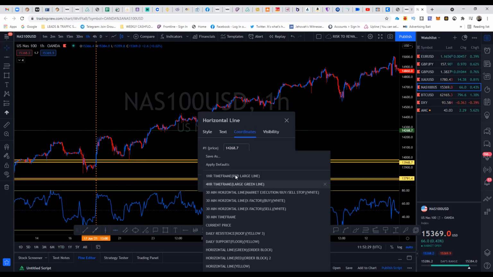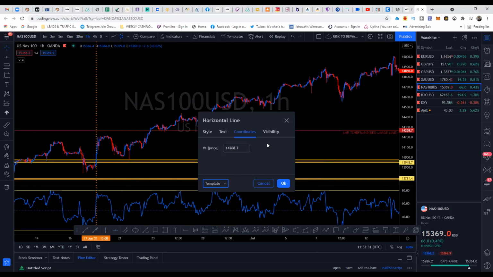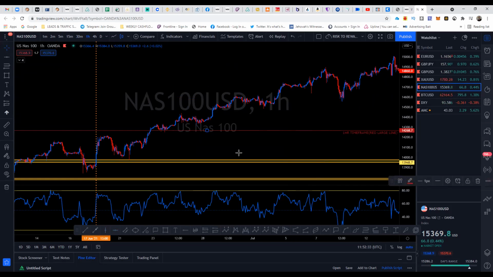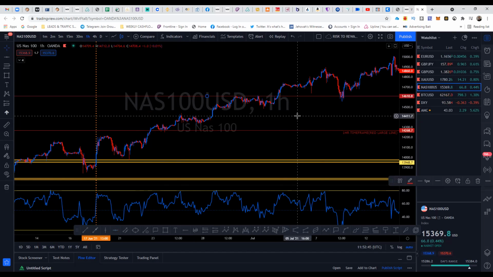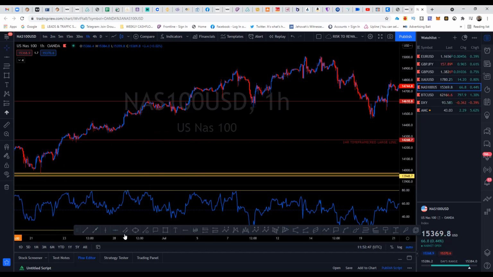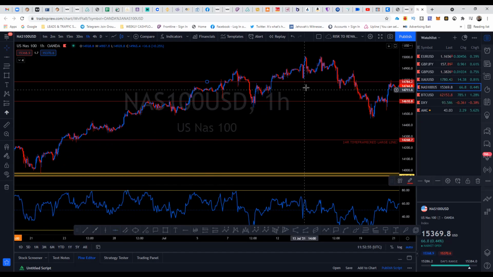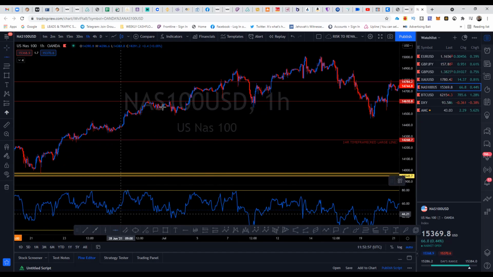We can make this red at this point. This is a good area here. Yeah, this is a good area.